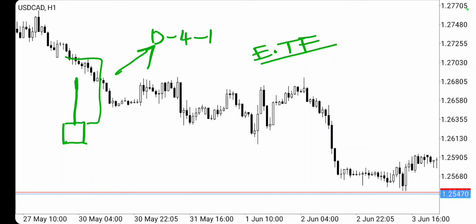Daily is not our execution time frame. Daily is our highest time frame, where it tells us about the direction that we have to trade in. So it means for us to trade the pin bar, we have to get it there.